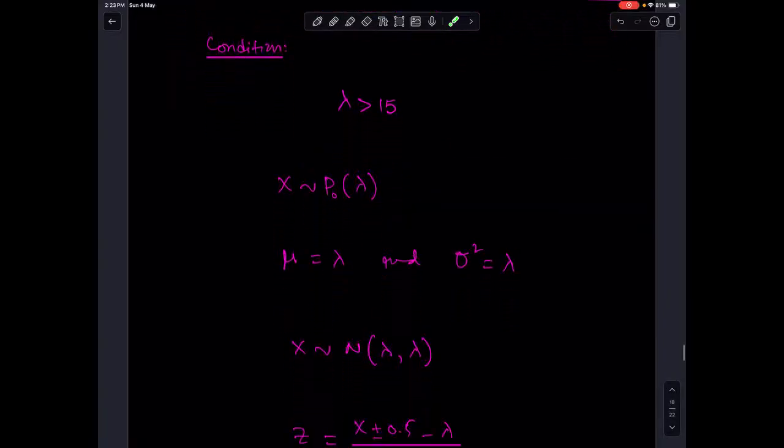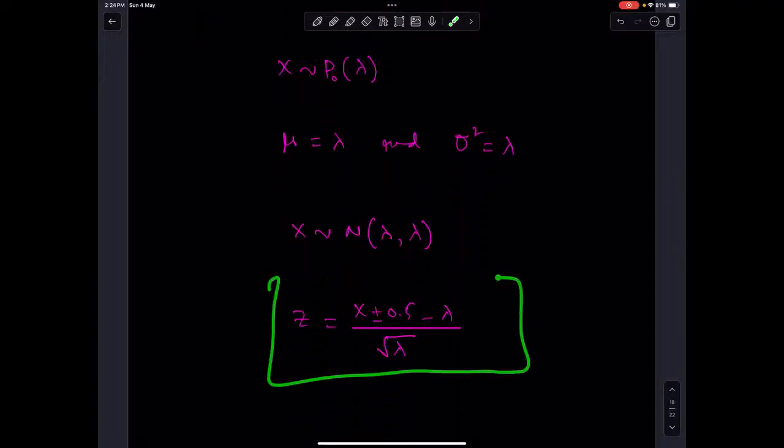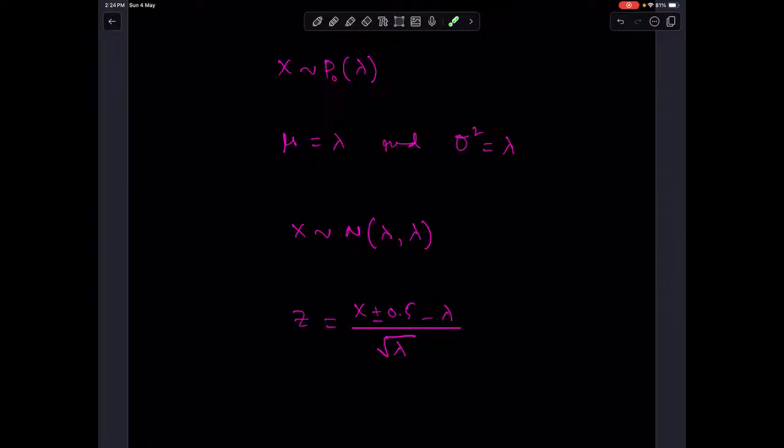And for that, you need to replace mu by lambda and sigma square by lambda, because in Poisson, both mean and variance are the same. So this is the distribution, normal approximation. And this is the formula of Z. This is the continuity correction.